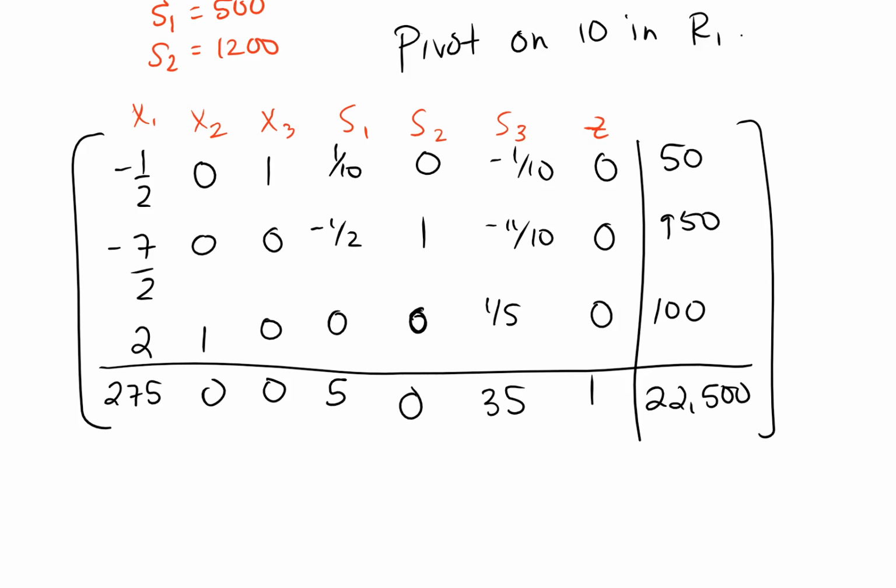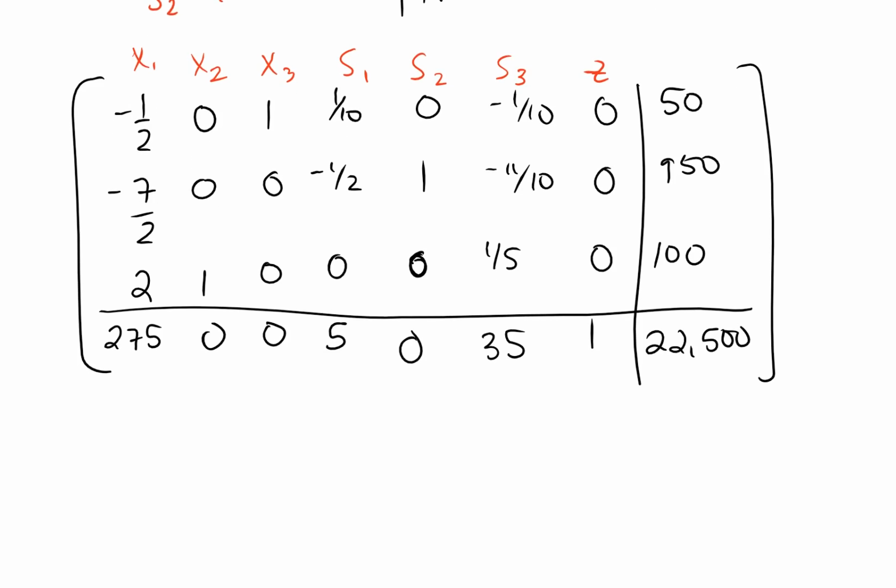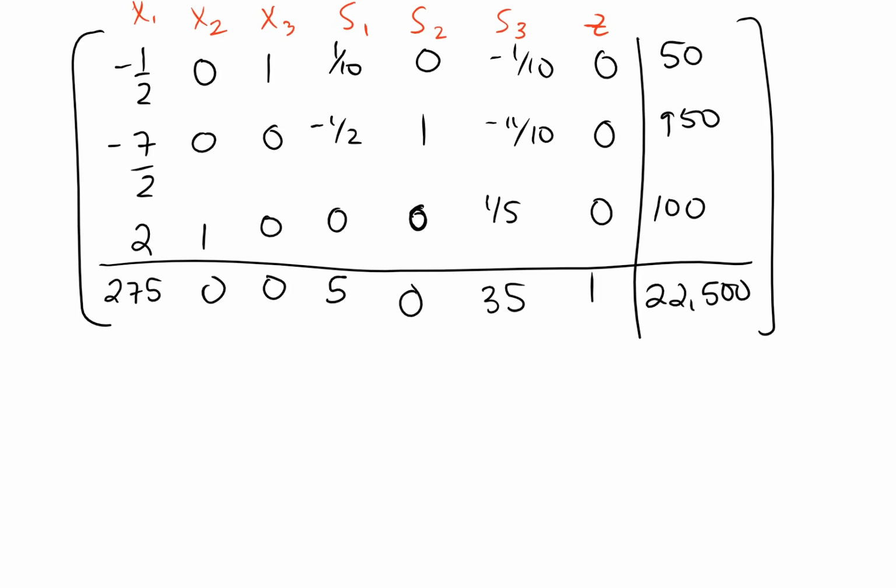Okay, so now let's go ahead and find our basic feasible solution, just like we did before. So for our basic solution, the non-unit columns, those variables will all be 0. So we have x1 equals 0, s1 equals 0, and s3 equals 0. The basic variables we can go ahead and solve for.